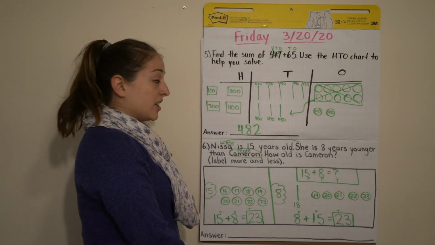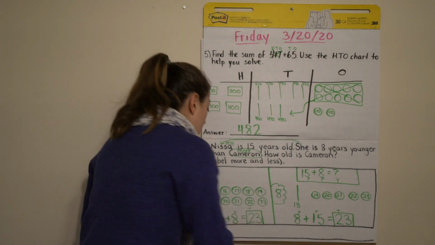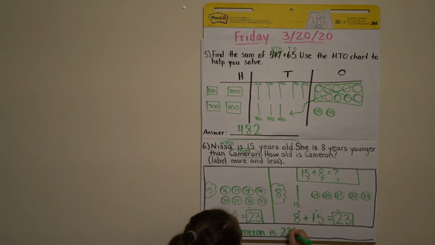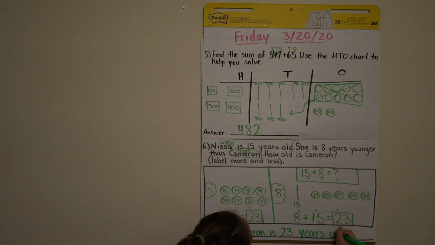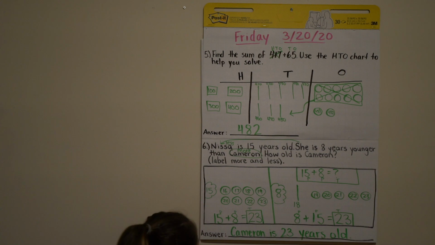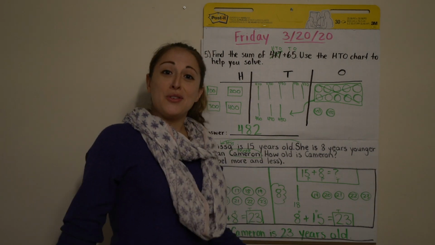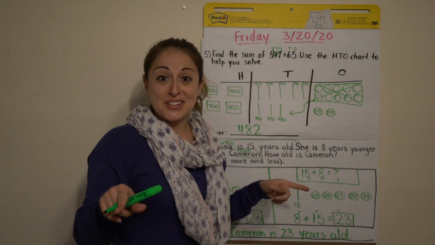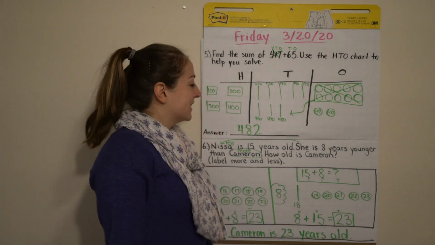All right, so hopefully you wrote Cameron is 23 years old. Now that would be pretty cool if Cameron, you were 23 years old, but I know that's not true. It's just a word problem.